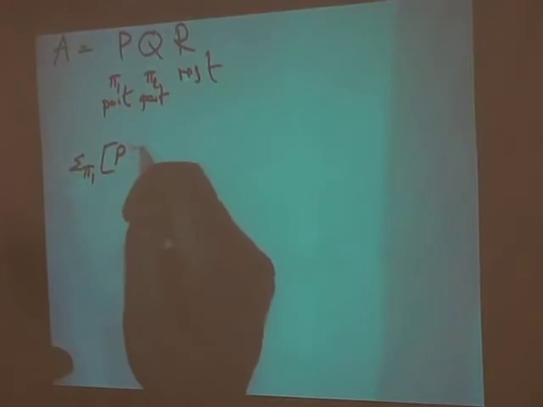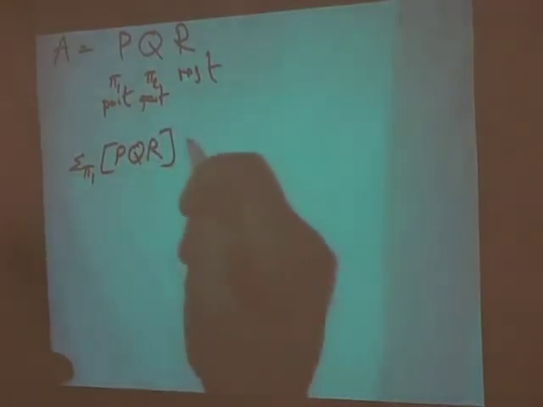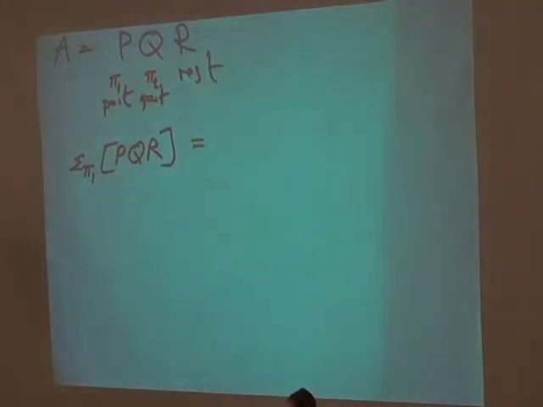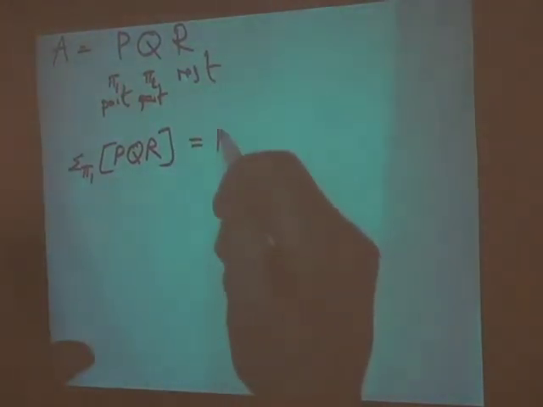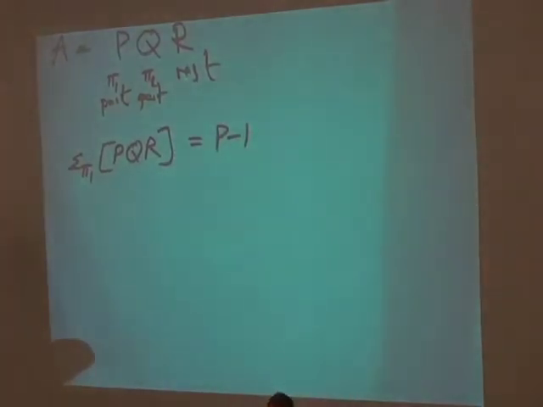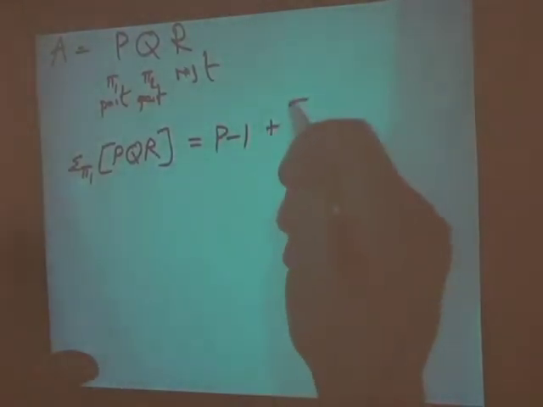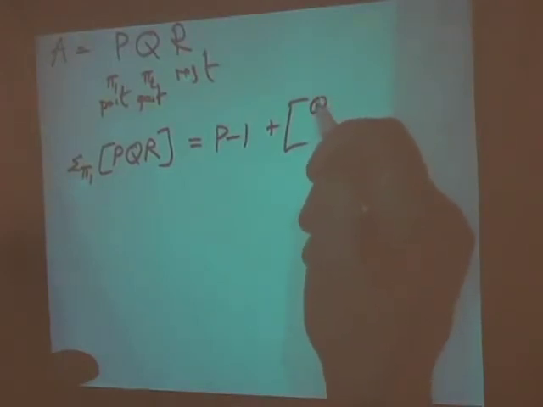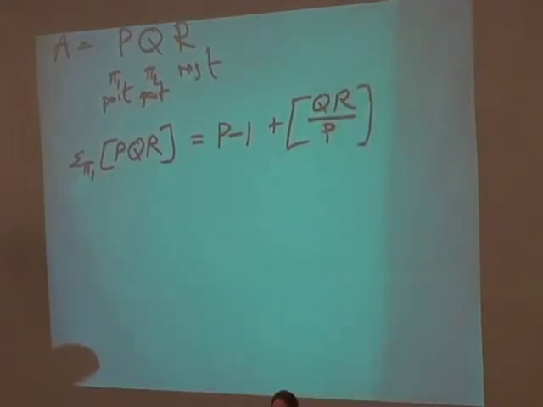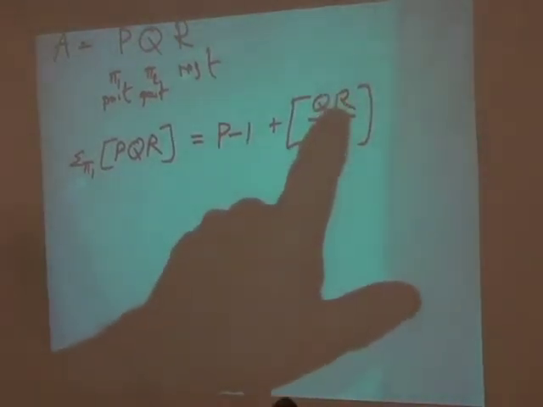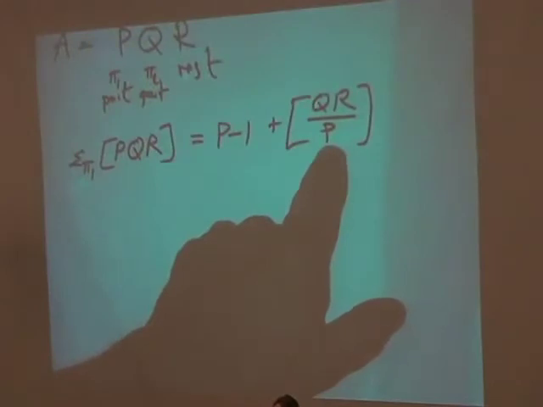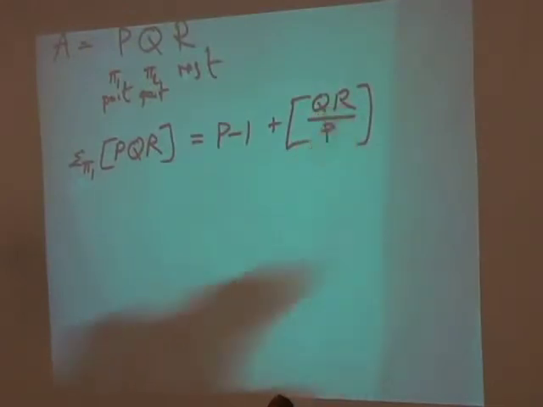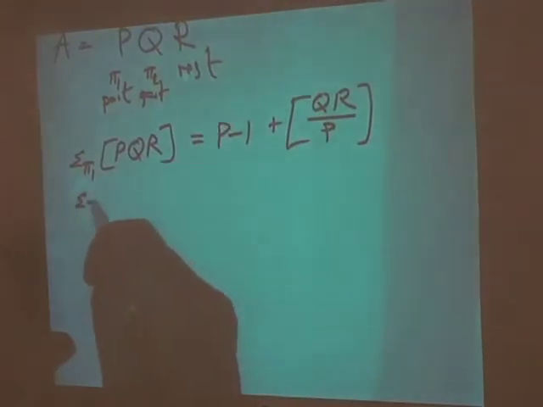Well, that is the pi 1 part minus 1 plus the Jacobi symbol of the rest. This is the pi 1 part of A on the bottom and the pi 1 prime part of A at the top.